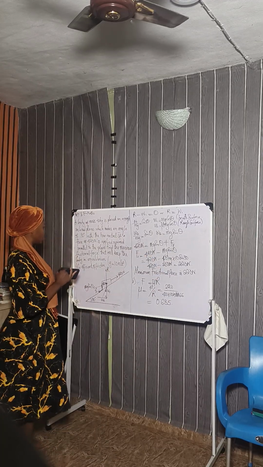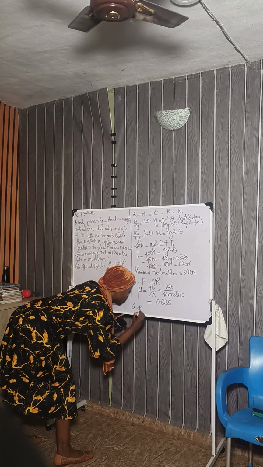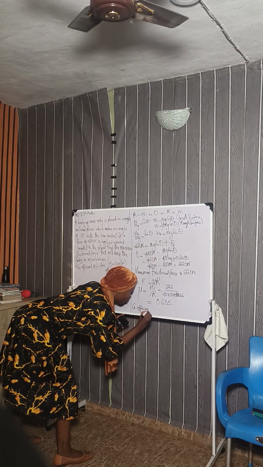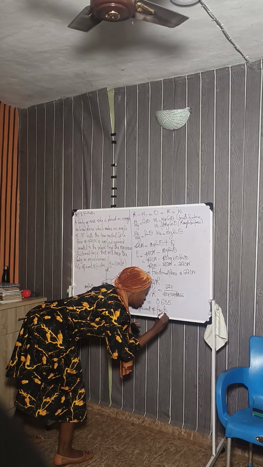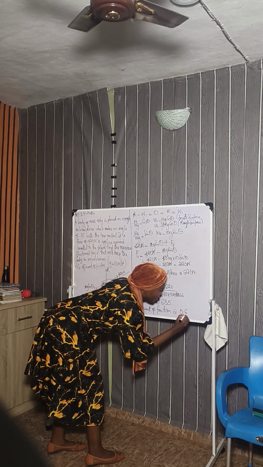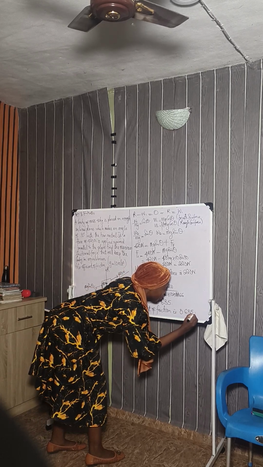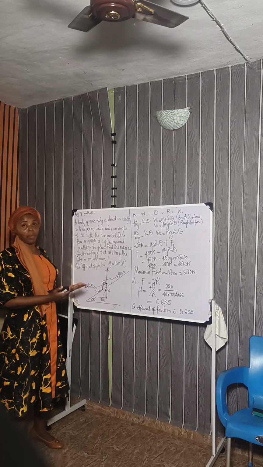That's our coefficient of friction. Coefficient of friction is a ratio, so it does not have any unit. It is 0.635. That's our answer.